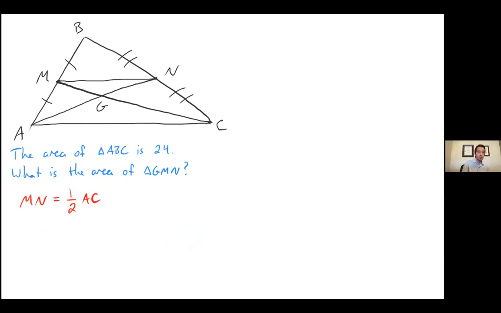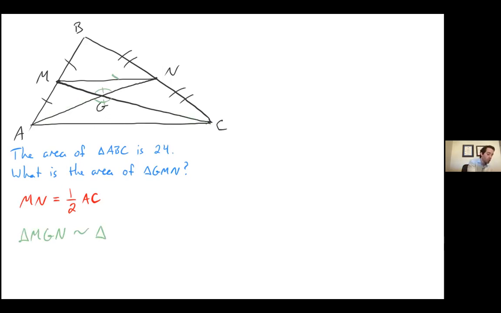Now, I think we are going to need the parallelism, because that's going to be involved in proving that triangle MGN is similar to this triangle down at the bottom. I'm not sure how to label it yet, but let's figure it out. First of all, these two must be the same because of vertical angles, right?